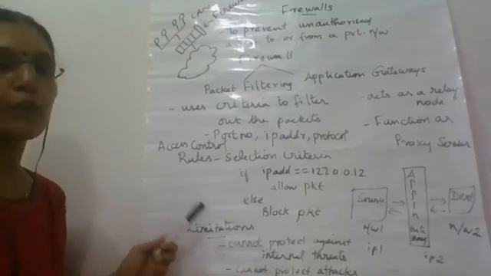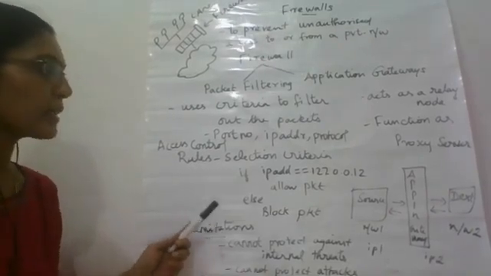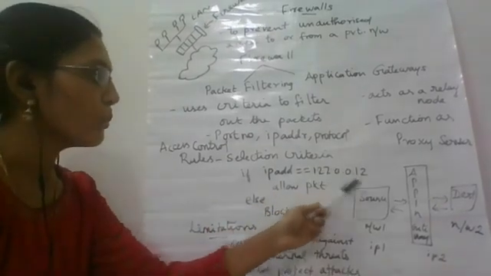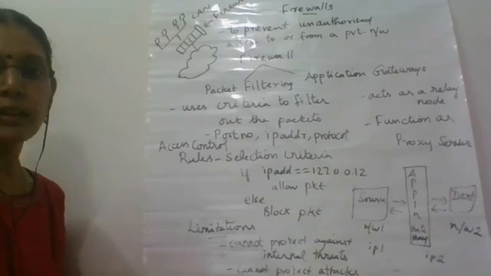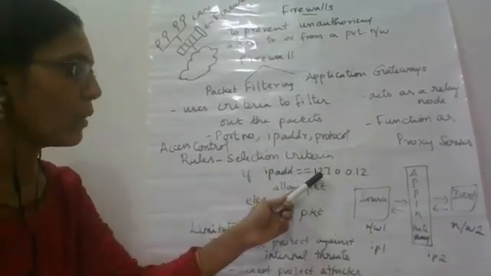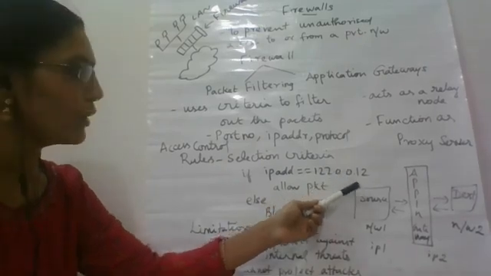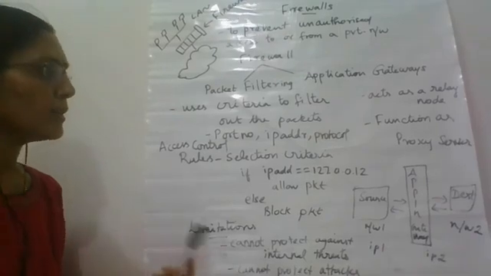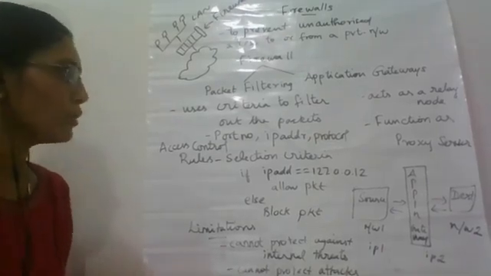For example, if it wants to allow the packets coming from the IP address 127.0.0.12, then it can write the rule like this: if IP address is equal to 127.0.0.12, then allow the packet, else block the packet. Similarly, it can write rules like this.